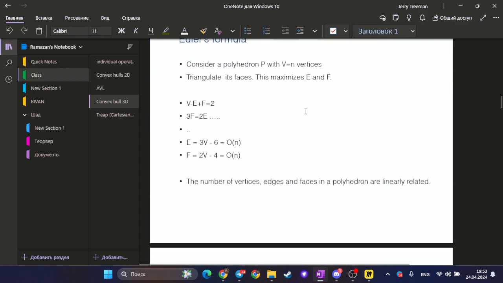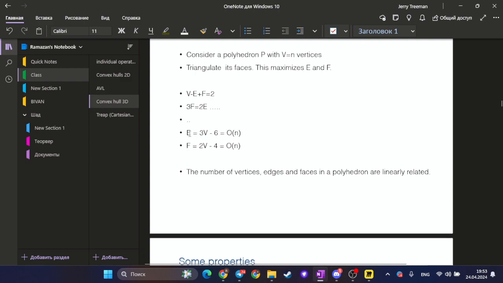Here's a proof why this is true. If you consider edges, they can be represented like this. So it will be proportional to the count of vertices, and we can say the same for faces too. So we can consider vertices and estimate all complexity only for vertices. It will be the same if we consider faces or edges.